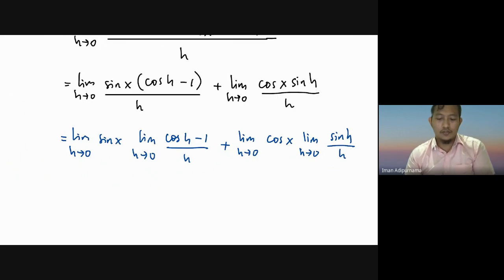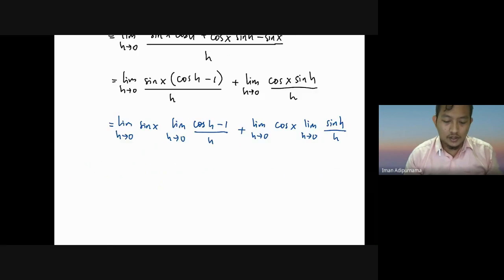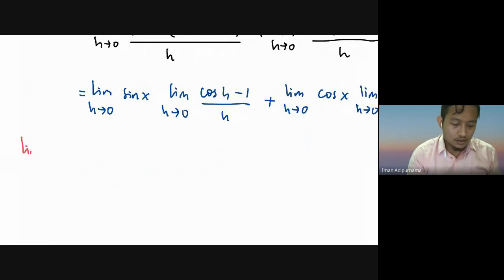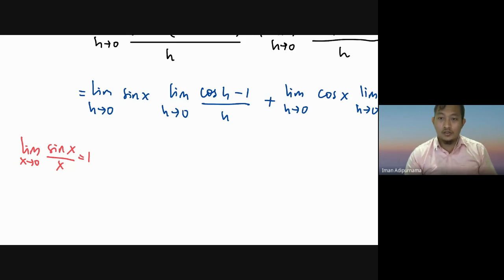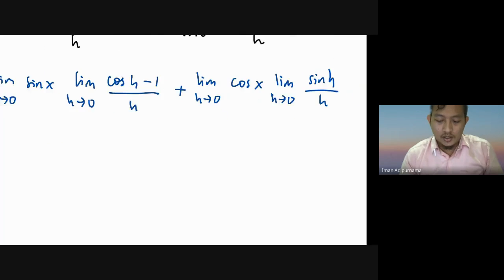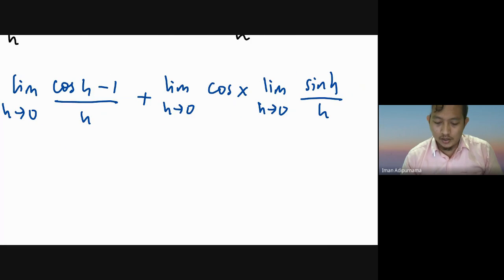Now, how to solve this? I hope you still remember from the early limit topic. We already discovered that the limit as x goes to 0 of sine x over x is equal to 1, with the squeeze theorem and so on. So here it's 1, based on our definitions.